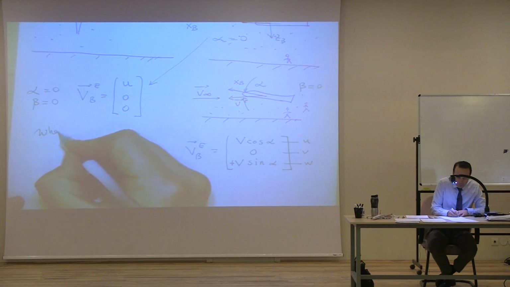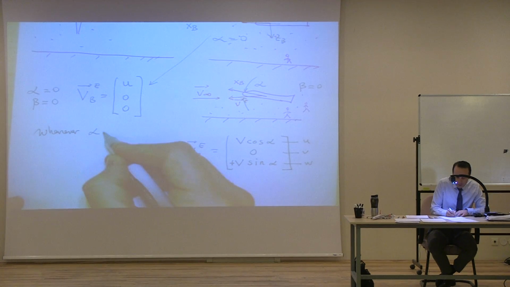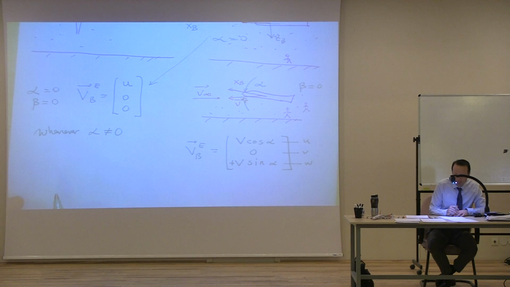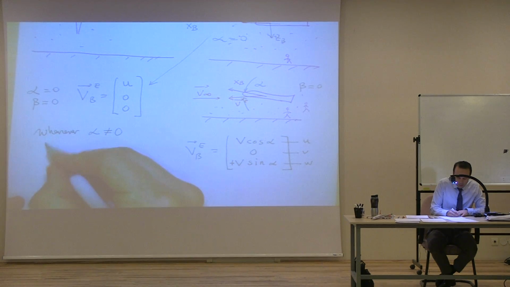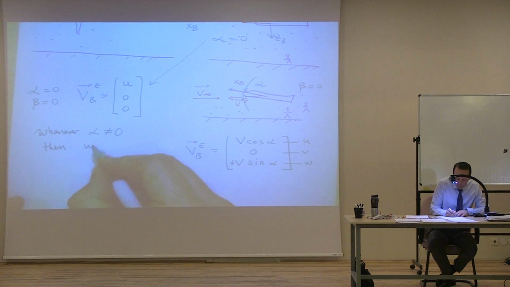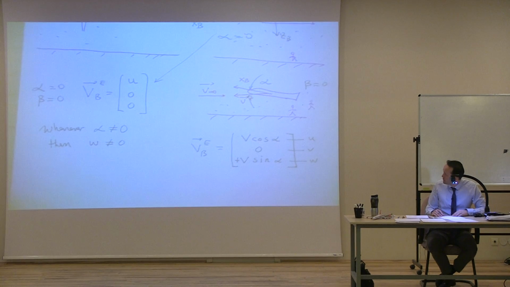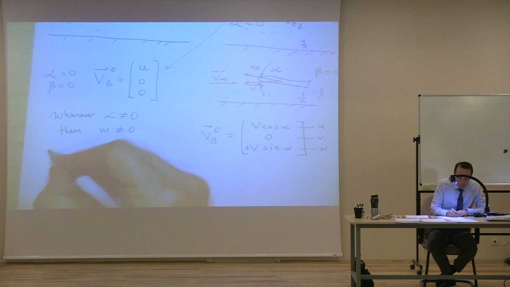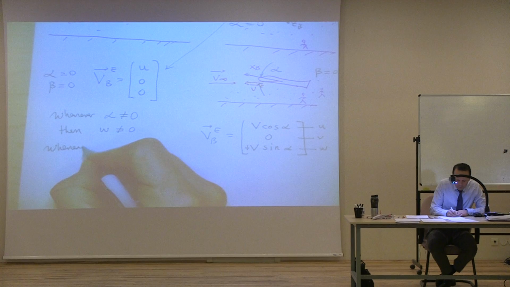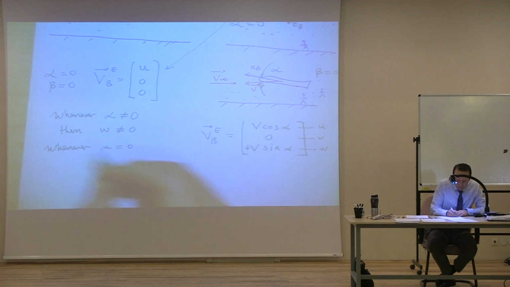So here's what I claim. Whenever alpha is not equal to 0, then W is also not equal to 0. I will even go further and say whenever alpha is equal to 0, then W will be equal to 0.